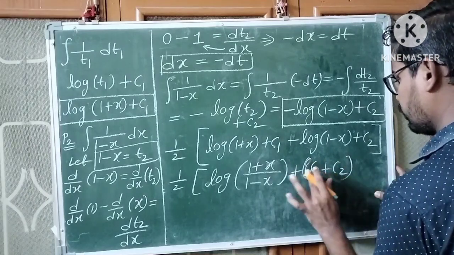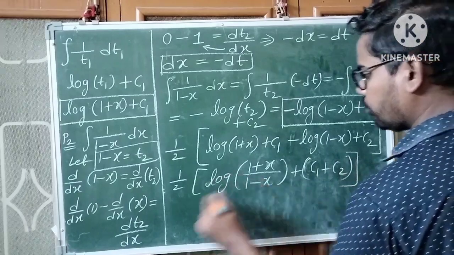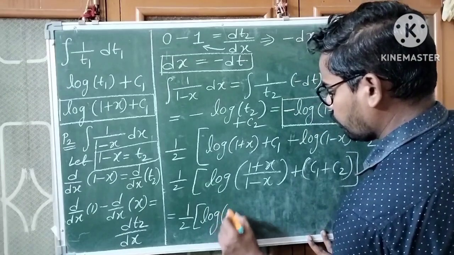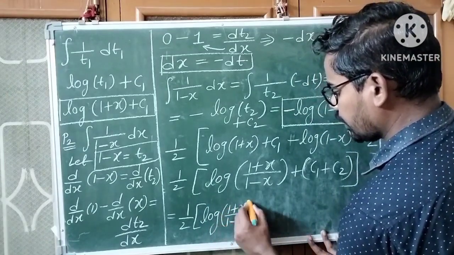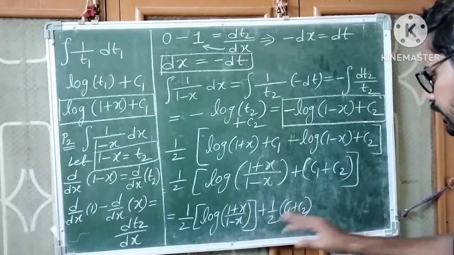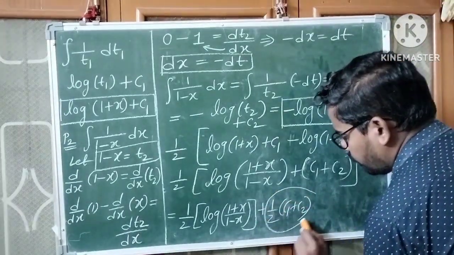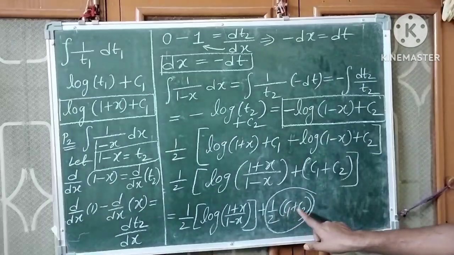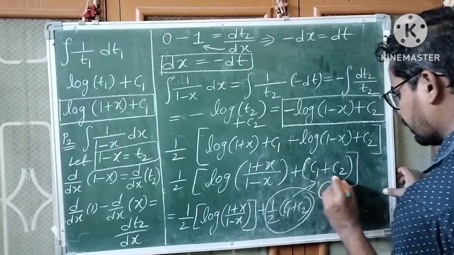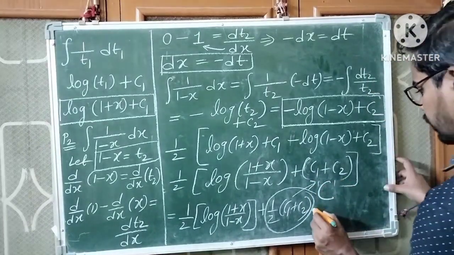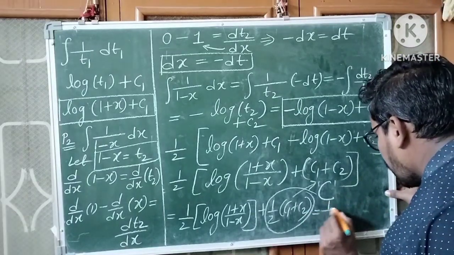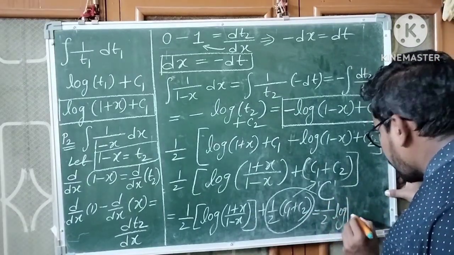Now distribute 1 by 2: 1 by 2 of log of 1 plus x by 1 minus x plus 1 by 2 of c1 plus c2. Let us assume this entire constant expression is equal to some capital C. Therefore integral of 1 by 1 minus x square dx is equal to half of log modulus.